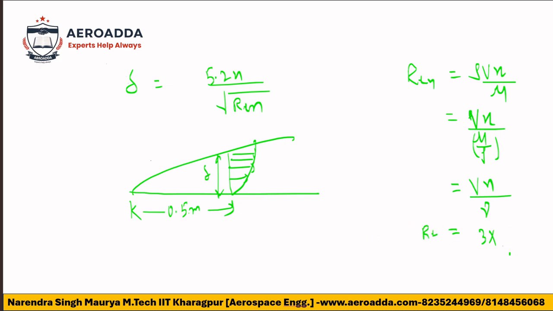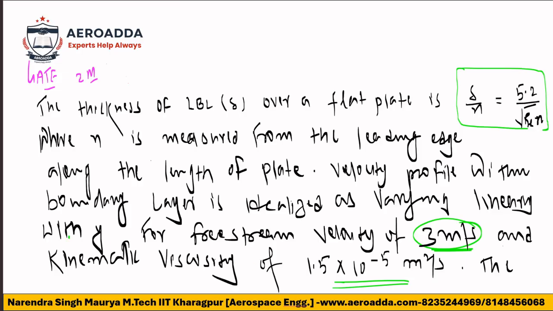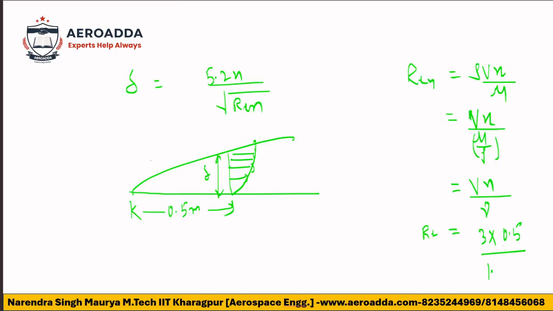So Rex you will have 3 into x, 0.5. And what is the nu? Please check it. It's 1.5 10 to the power minus 5. Please calculate this. How much are you getting for the Reynolds number? 3 into 0.5 is 1.5, the 1.5 cancels out, and Rex is nothing but 10 to the power 5.